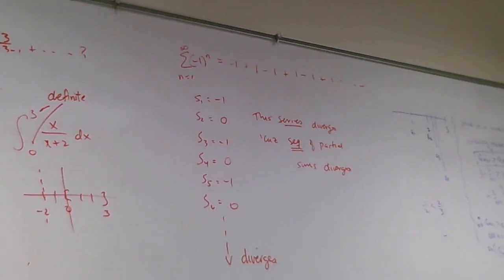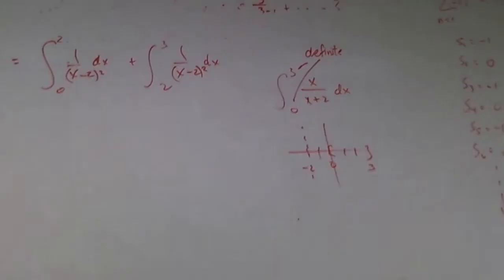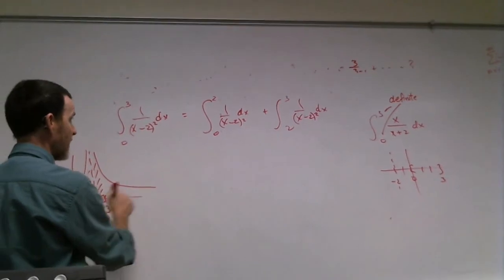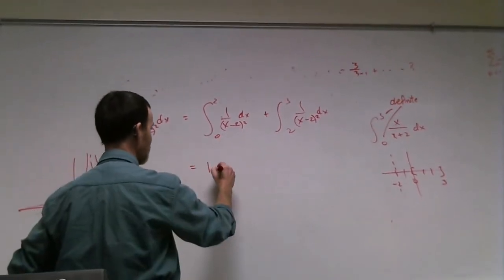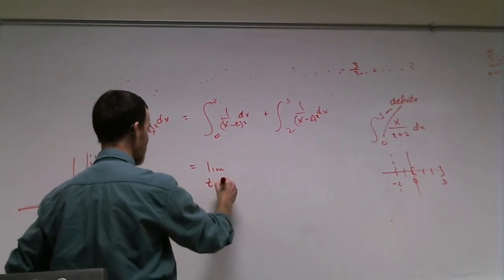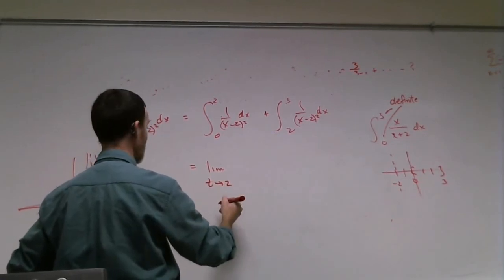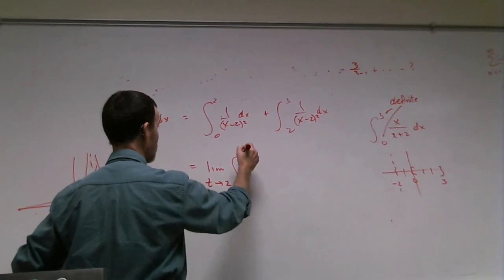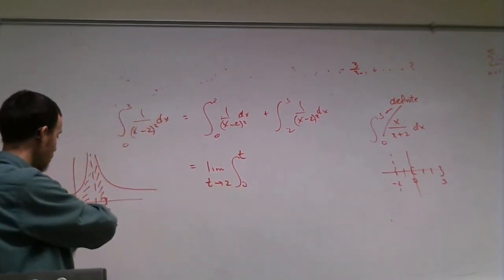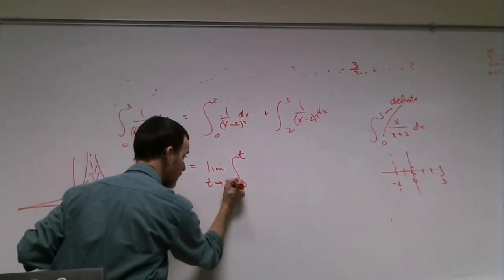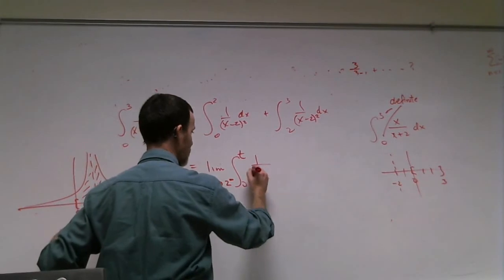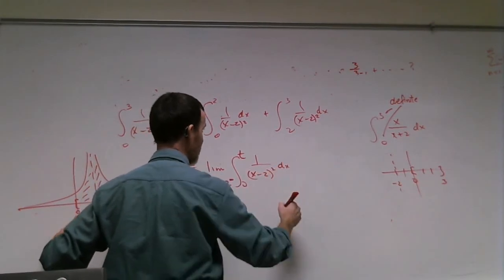So now I have to look and say, okay, 0 to 2. I'm looking right over here. It's defined at 0. It's not defined at 2. So this one becomes the limit as, pick any letter you like, I'm going to pick t, as t goes to 2 from the left of the integral from 0 to t of 1 over (x minus 2) squared dx.